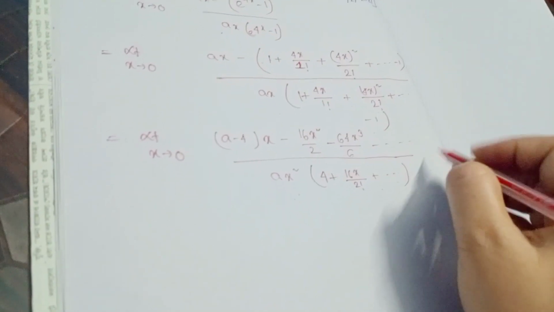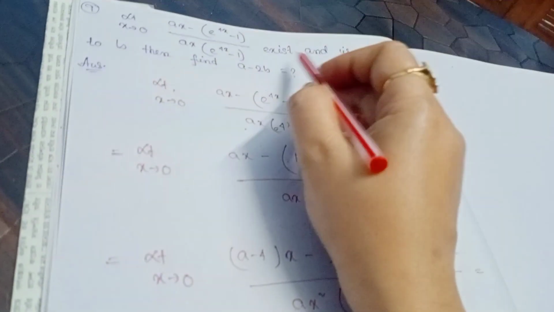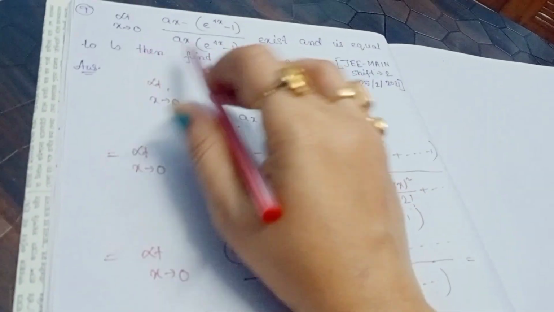And it is given that the limit exists and is equal to b.